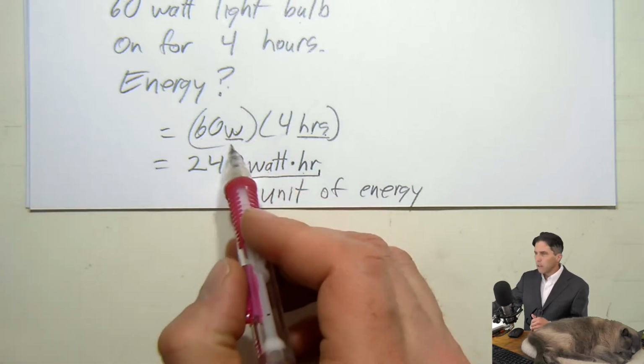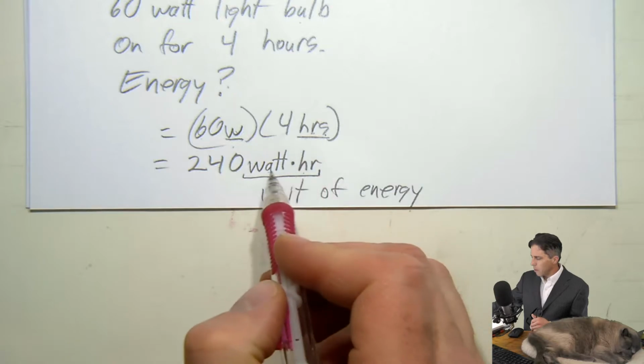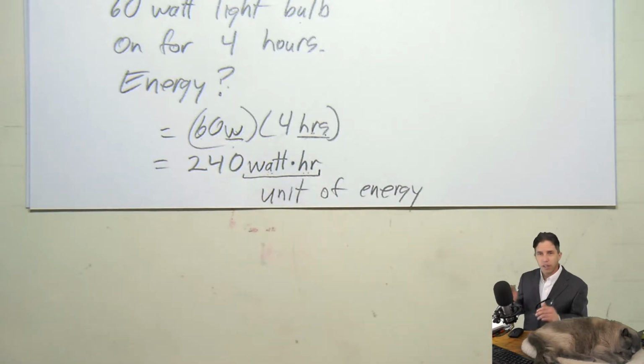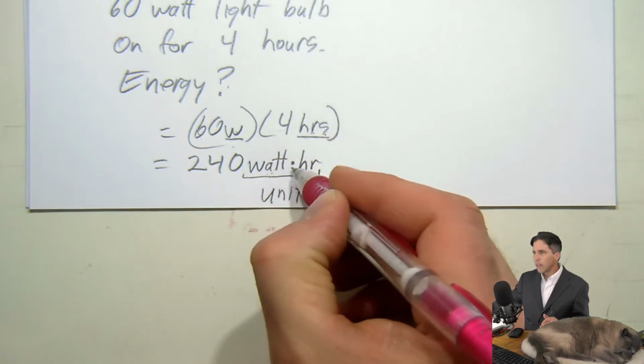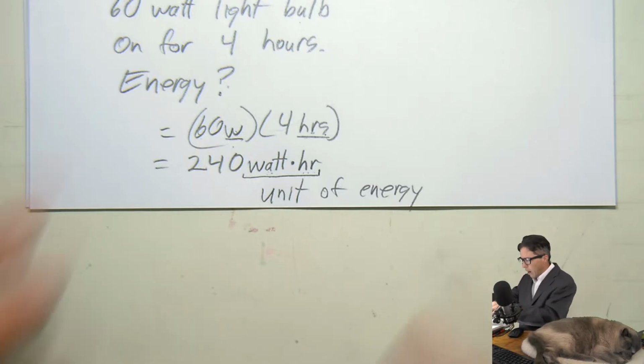How many watts times how many hours? You take that watt times that hour, it becomes watt hour. It's like its own thing, the watt hour. It's not watts per hour, that would be divided by, it's watts times hour, okay? So verbally you'd say this 240 watt hours. That's how you would say it.